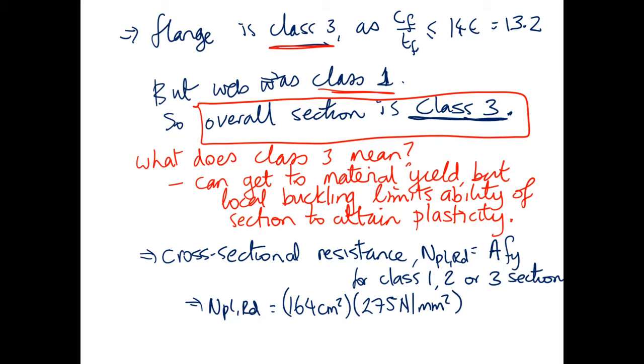We can't multiply with different units, so we turn the 164 centimeters squared into millimeters squared by multiplying by 100, and then multiply by 275 newtons per millimeter squared.